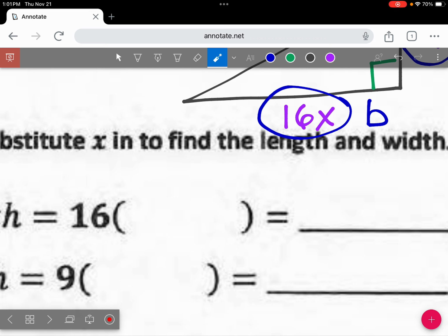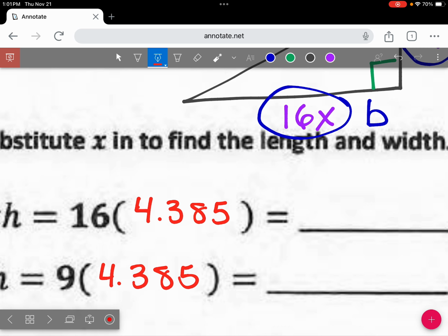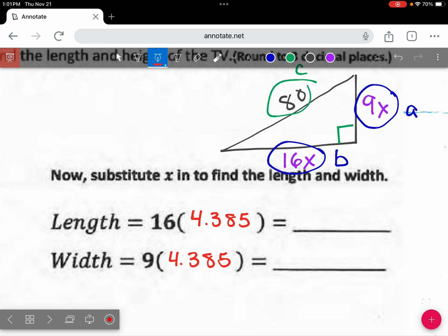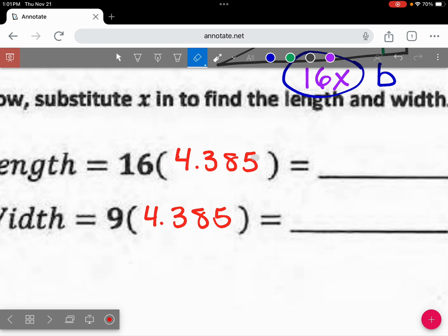So what is the length of this TV? We have to do 16 times our 4.385. So what is the width of my TV, or the length of my TV? Oh, 5'8". I'm writing it from memory and I flip-flopped them.